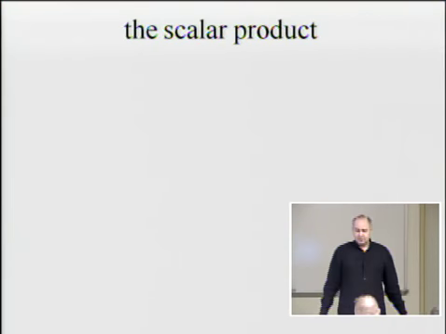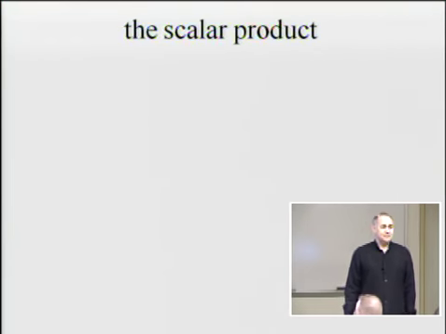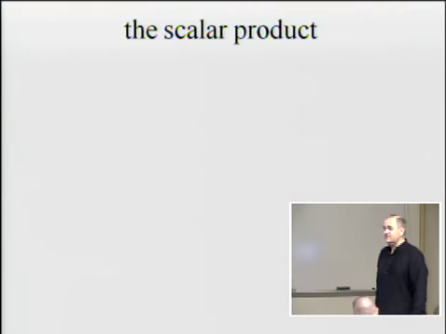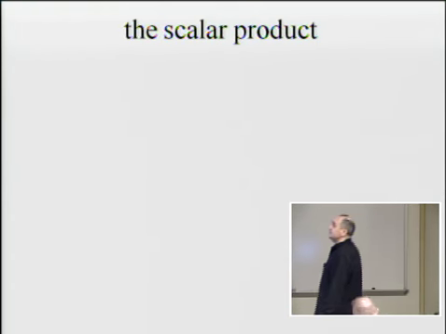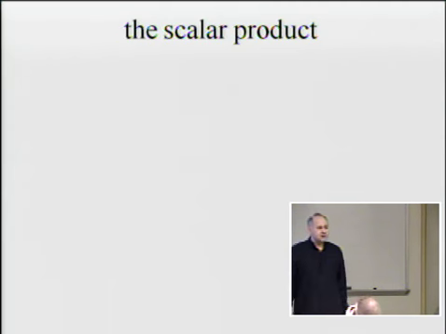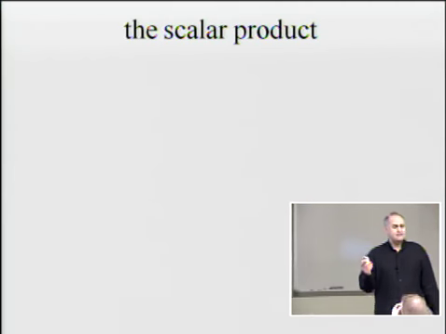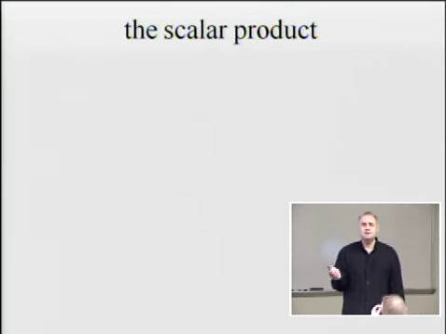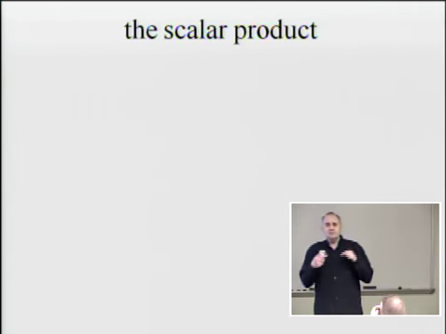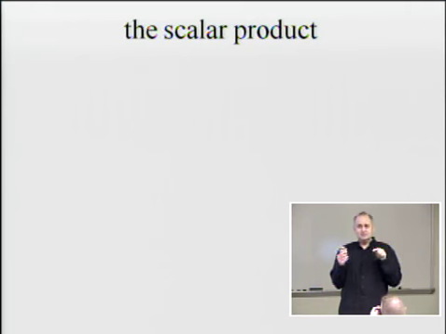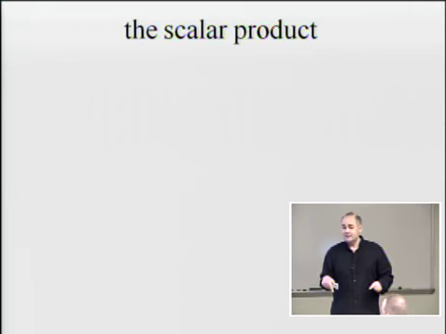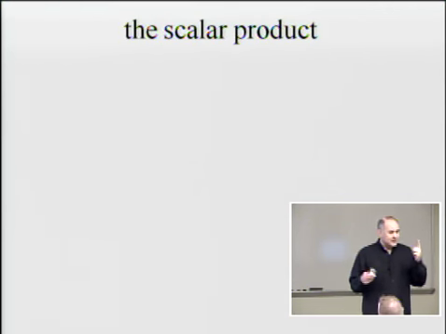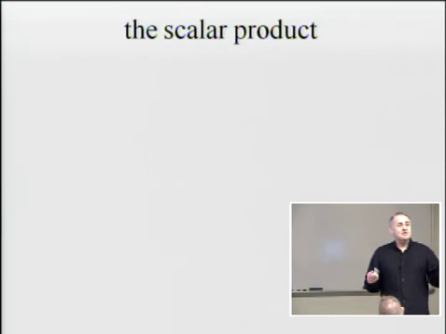Now I want to introduce a second multiplication, which is very important in physics. It is called the scalar product of vectors. So far, what multiplications do we know? How many multiplications do we know, assuming that you learned only those multiplications which you learned in grammar school and here in this classroom? How many? Numbers. We know how to multiply numbers and how to multiply a number by a vector.